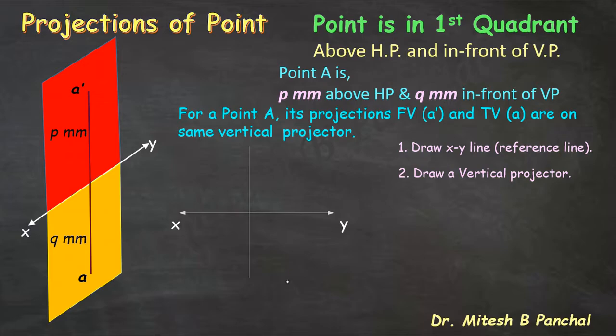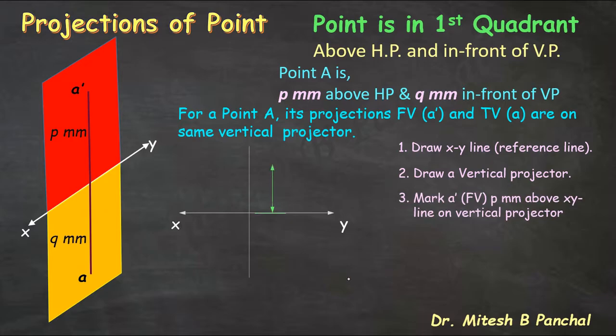We know that the front view, that is a dash, is P mm above XY. So mark a dash, the front view, P mm above the XY line on the vertical projector. We also know that the point is in the first quadrant, so the top view will be below the XY line, which is Q mm below the XY line.